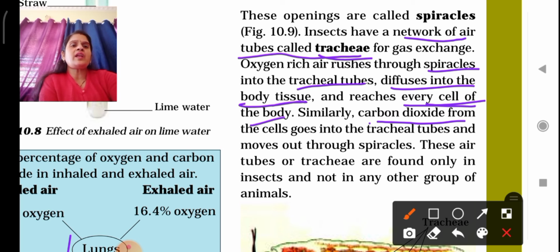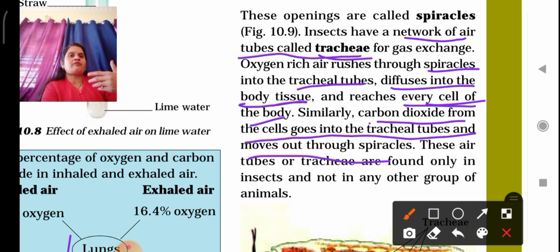Similarly, carbon dioxide from the cells goes into the tracheal tube and moves out through the spiracles. In the same manner, from the cells to the tissue to the tracheal tube to the spiracles, it is thrown out from the cockroach body or other insects.